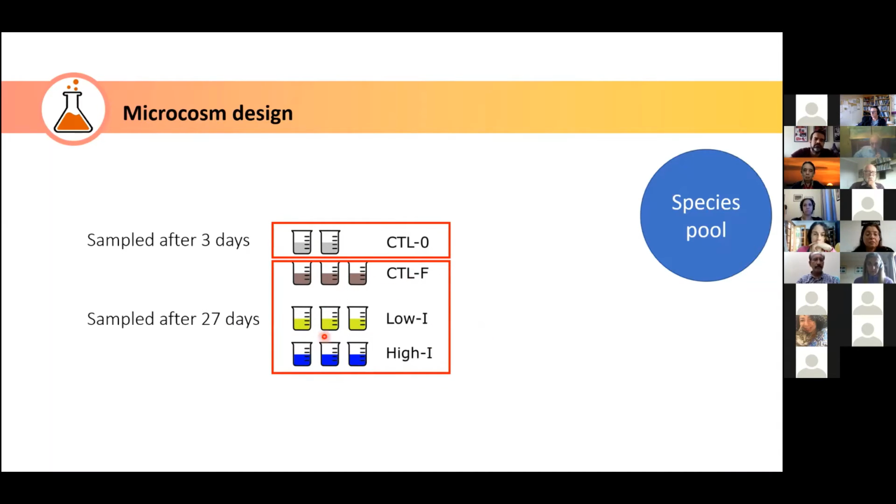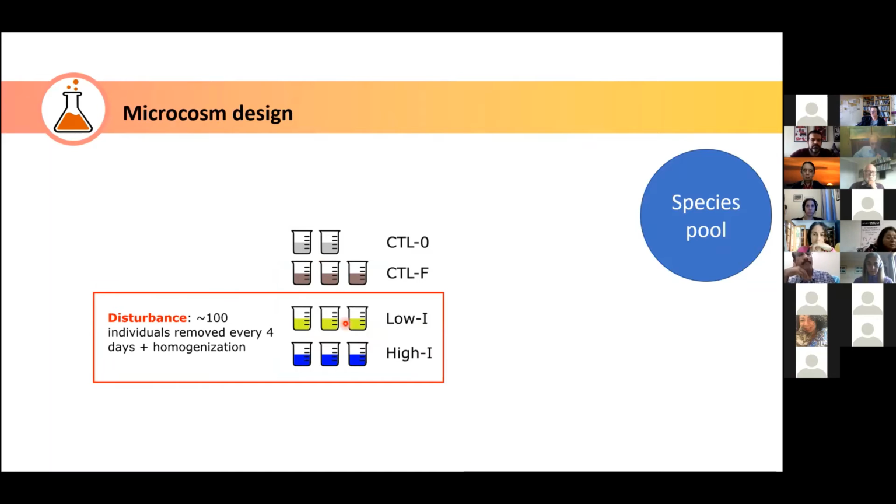The other microcosms were sampled after 27 days and included one control group without any disturbance and immigration events and 2 treatments. The disturbance happened in both treatments.